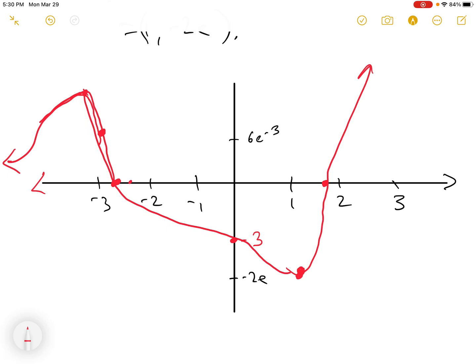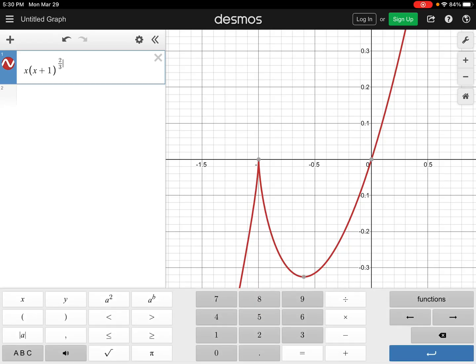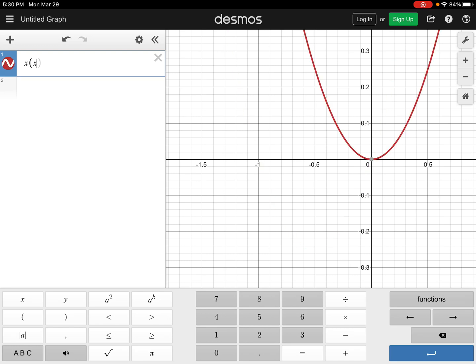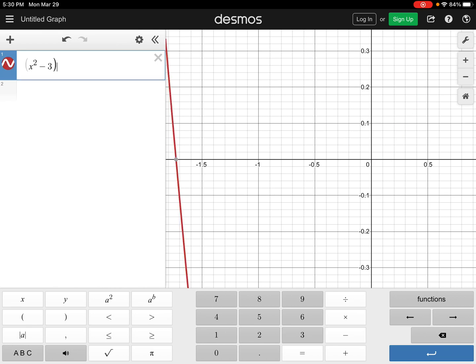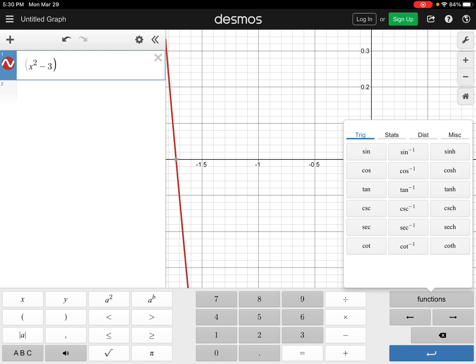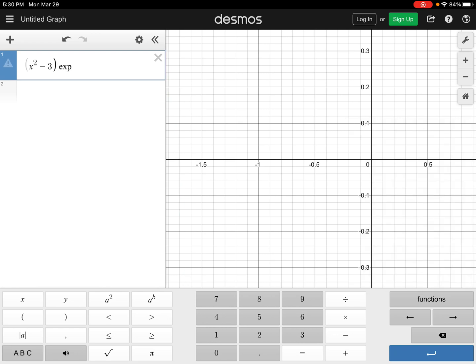Let's see what it looks like on Desmos. x squared minus 3. Where is e? Is it here somewhere? Exponential of x.